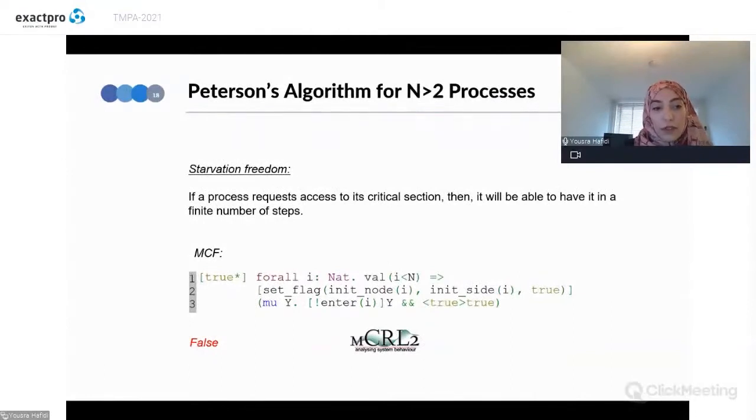And we have another property, which is the liveness property, starvation freedom. If a process requests access to its critical section, then it will be able to get it in a finite number of steps. This property is also called lockout freedom, eventual access or finite steps, and it is the strongest liveness property of Peterson's algorithm, as I've said.